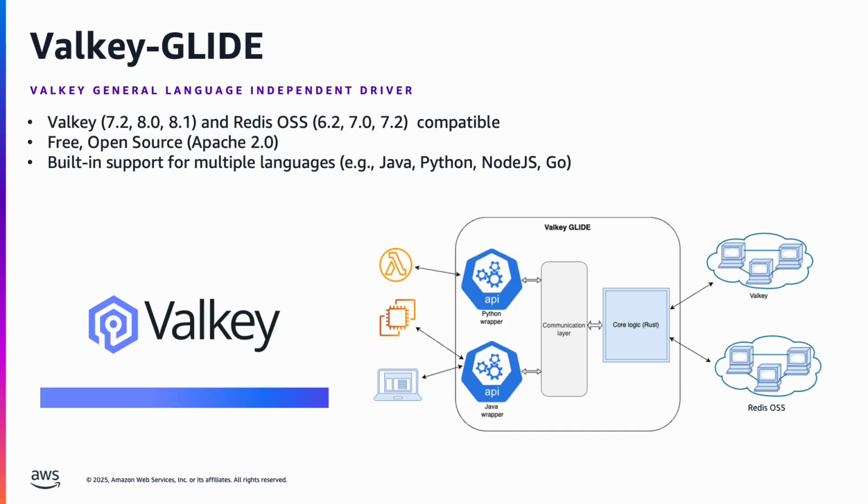Also, if you look at the high-level architecture on the right, you can see the core logic is implemented in Rust, and it's wrapped to provide client drivers in other languages. This architecture allows you to use the high-performance Valkey client library in Python, Node.js, Java, and Go with the same core logic. We will use the Valkey Glide client library as application for the chaos experiment.